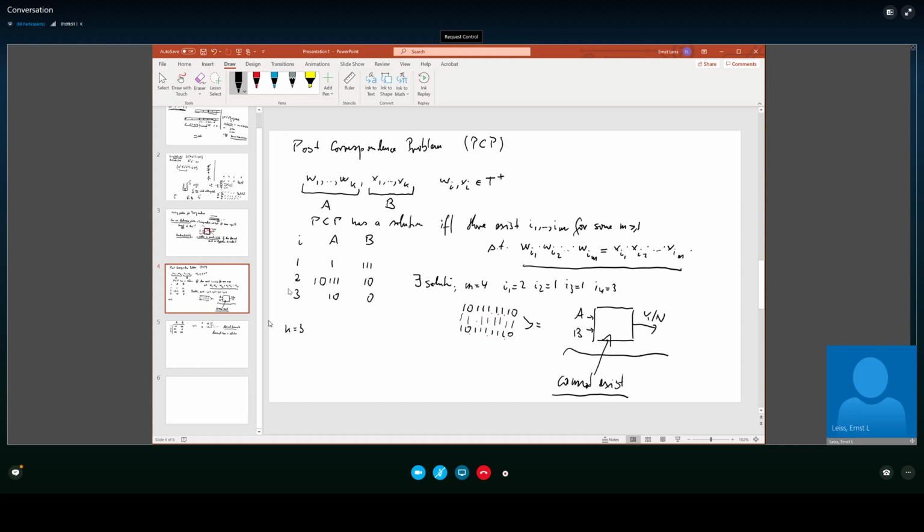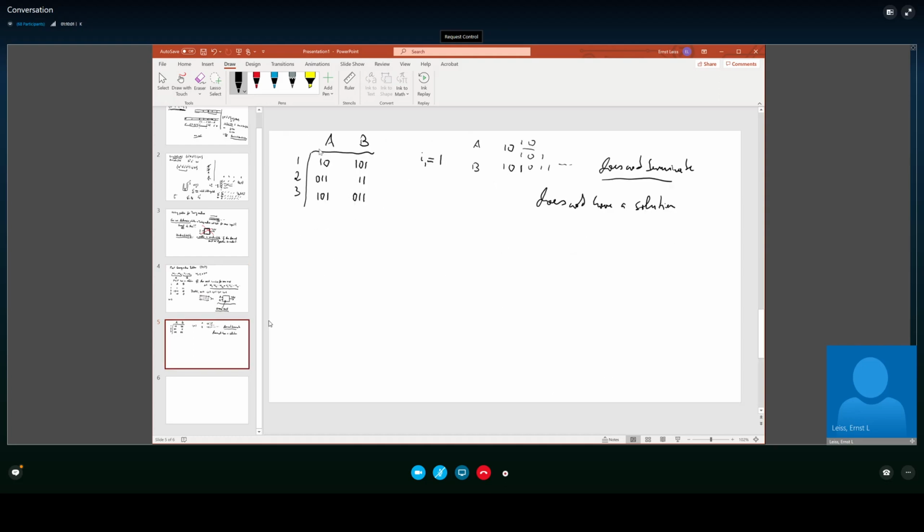Now, as you can see from these examples, this example does have a solution. This example does not have a solution.